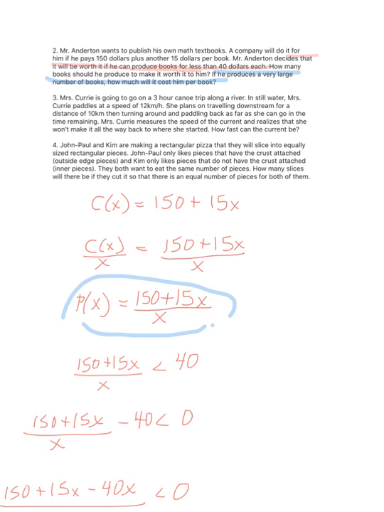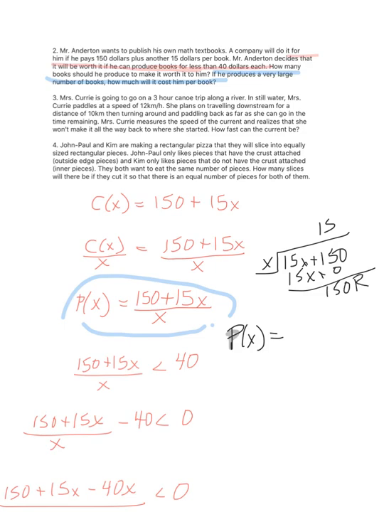So P of x equals, now I'm going to rewrite this, I'm going to divide it out again: (15x plus 150) divided by x. This is going to be 15x plus 0, with 150 remaining. Another way to write this would just be 15 plus 150 over x.